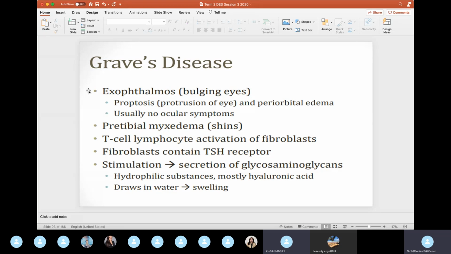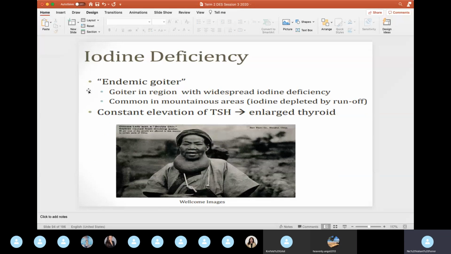So levothyroxine, actually, it can reduce myxedema. It can also reduce the expression of your TSH receptor, but it cannot help you with your exophthalmos, because this is hypersecretion of your glycosaminoglycans. So that's why you give beta blocker for this. We're going to learn more in term 4.